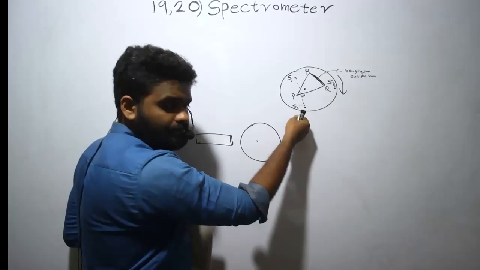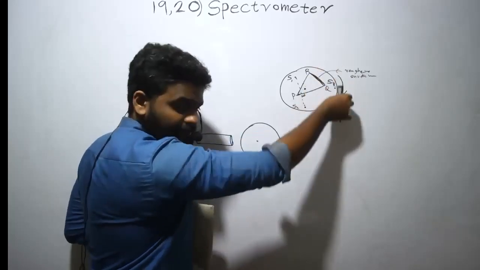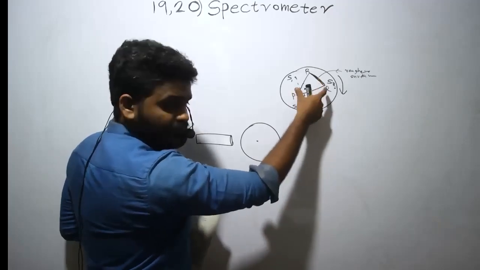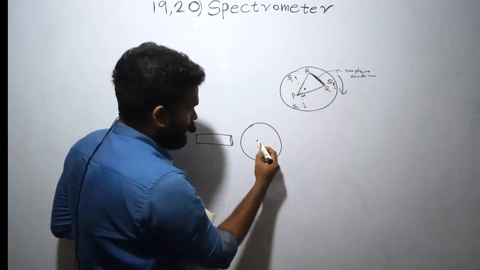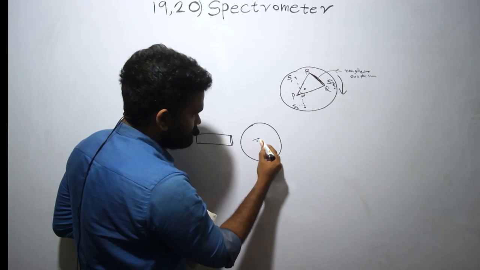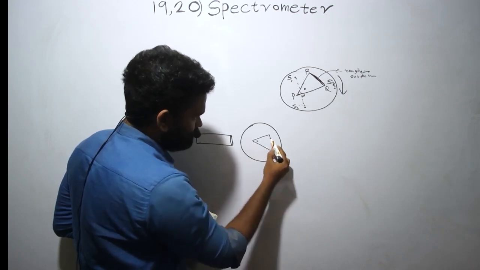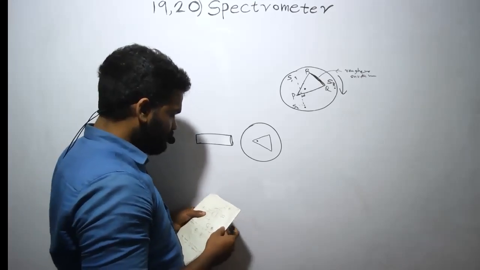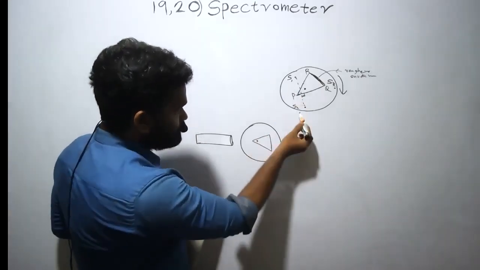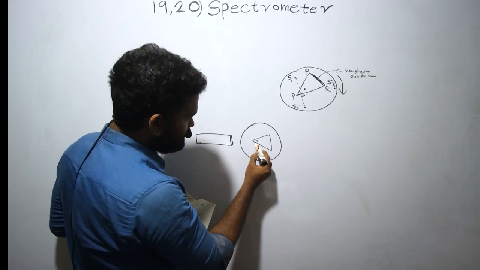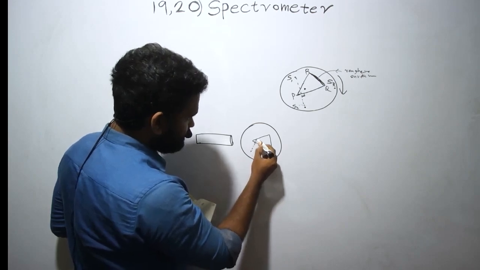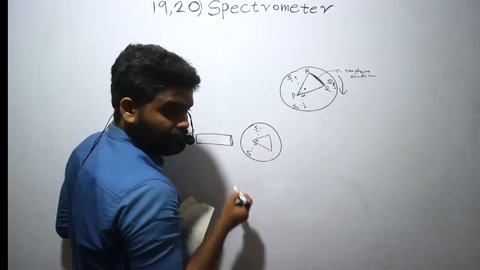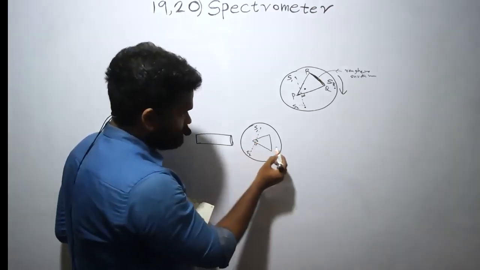Then you rotate the prism table, and the prism also turns with the prism table. It would have an arrangement like this. Now the S1S2 lines also get rotated. Let's say it is like this: S1 here, S2 here, still perpendicular, then S3 here.